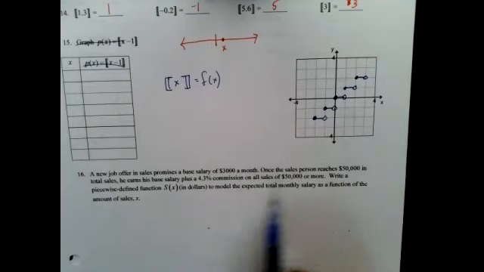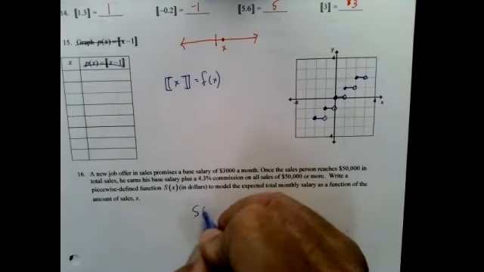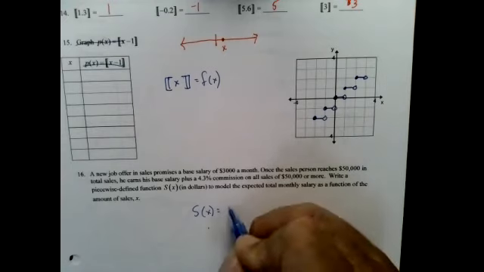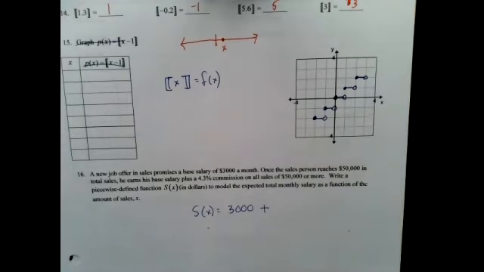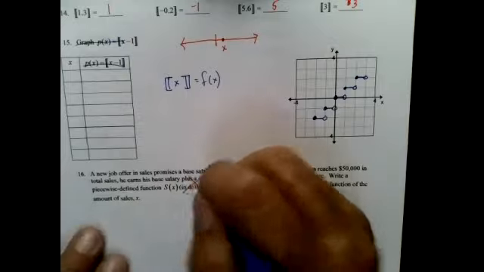You're going to start with something like S of X equals $3,000 a month plus, and now you're going to get into this 4.3% commission on all sales. And we could sit and do it. It would take 5 minutes. But this is not a very good problem, in my opinion. I don't like it.